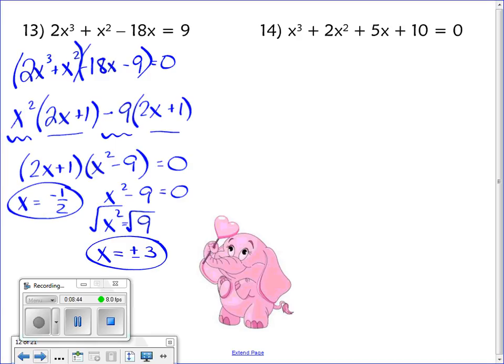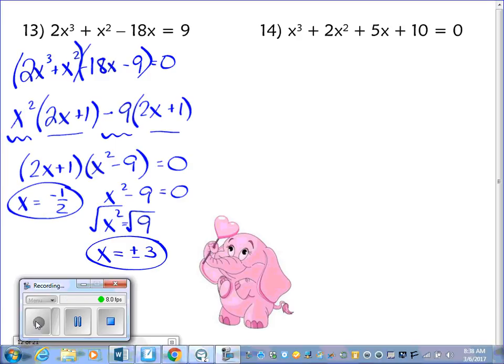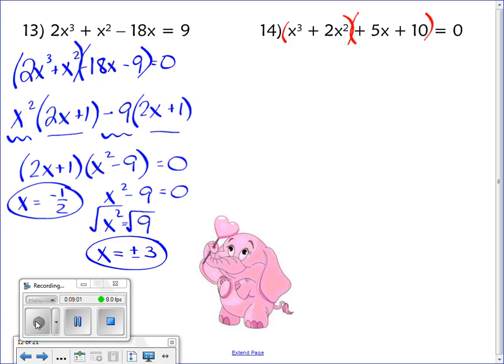You guys think you can try the next one on your own? Okay, try number 14. All right. So it's already set equal to 0. Was there a GCF in the whole thing? No. Okay, so don't worry about that. But there's 4 terms. Group the first two, group the last two. GCF in the first set? What's left over?